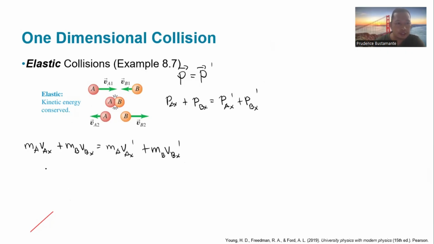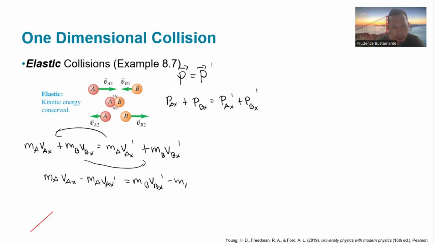We can combine terms that have common factors. We can transpose and move this to the other side. So MA VAX minus MA VAX prime is equal to MB VBX prime minus MB VBX.